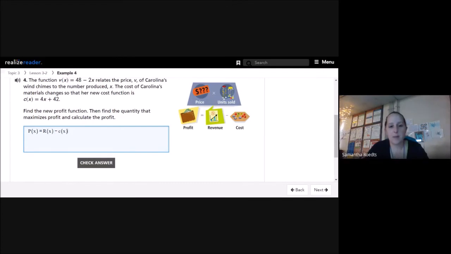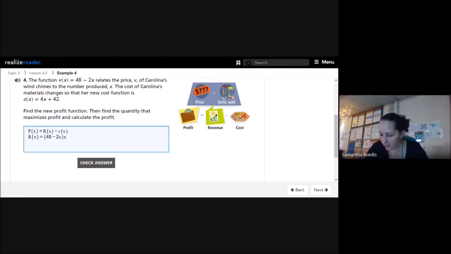So I know that r of x equals (48 minus 2x) times x.